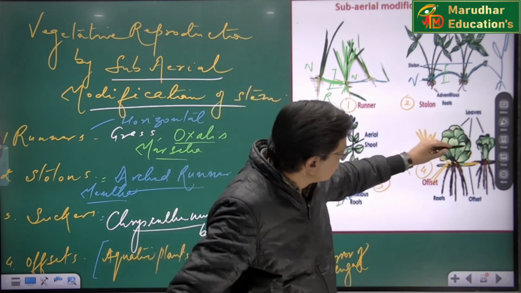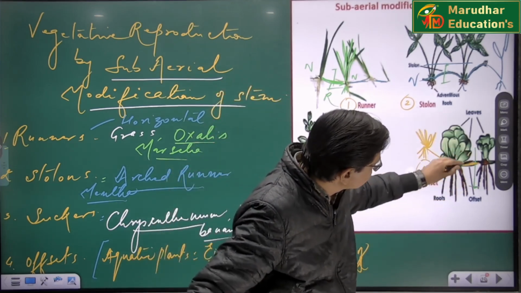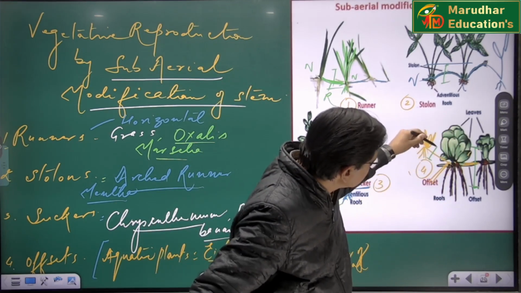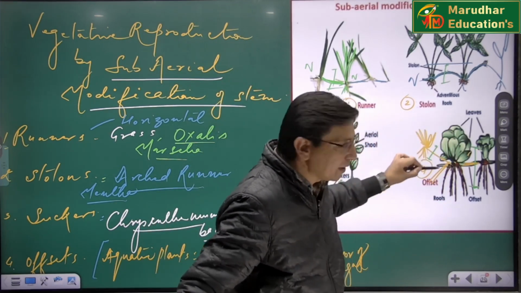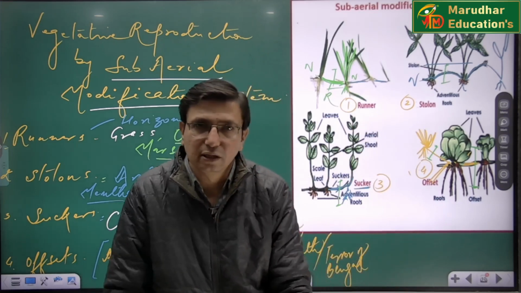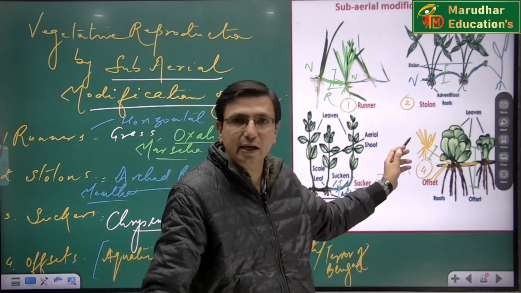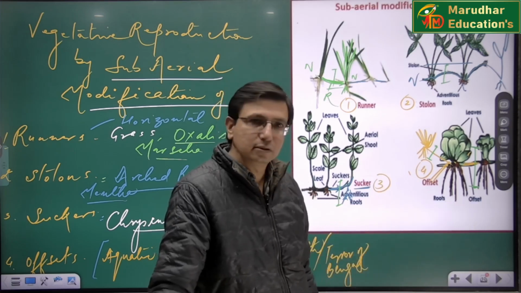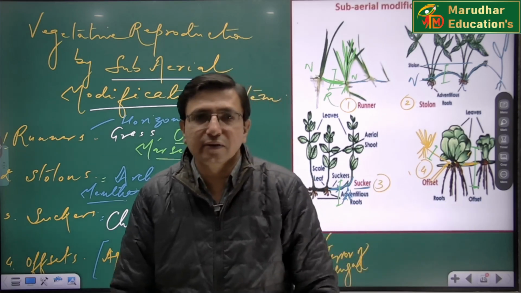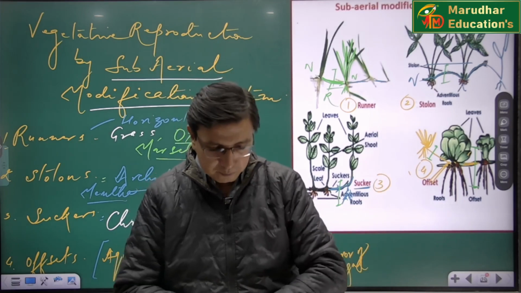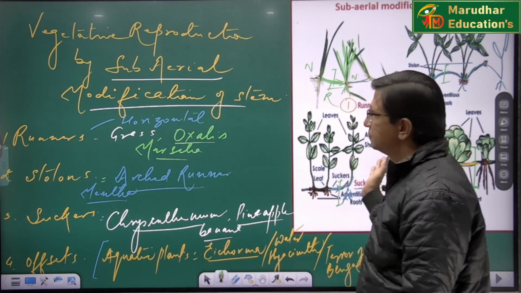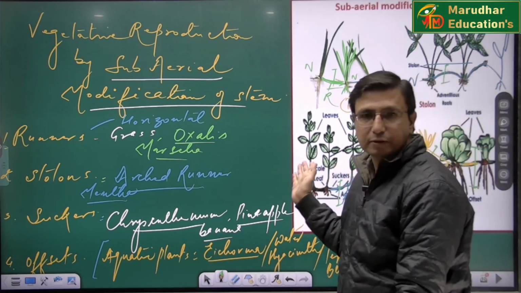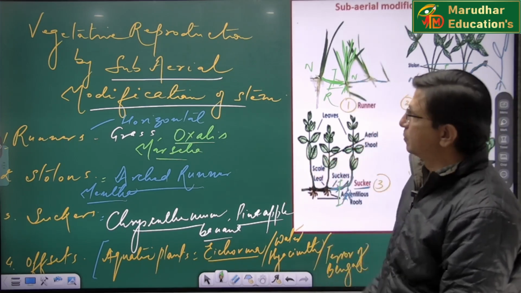Similarly here also, if this offset breaks and this Eichhornia plant is taken to some other water body, what shall happen? It shall again produce n number of offsets, and very early it will cover the pond. So these are what? These are vegetative propagules by which plants are able to perform vegetative reproduction.